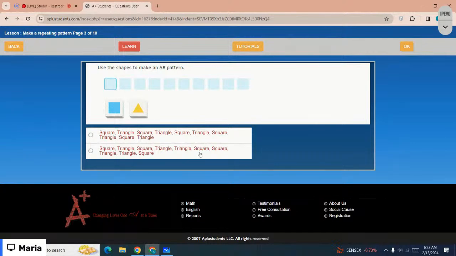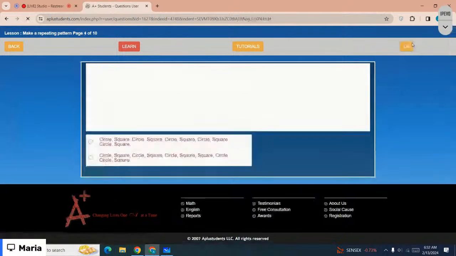Option number one is the correct option, right? Use the shapes to make an AB pattern, which is the correct option.